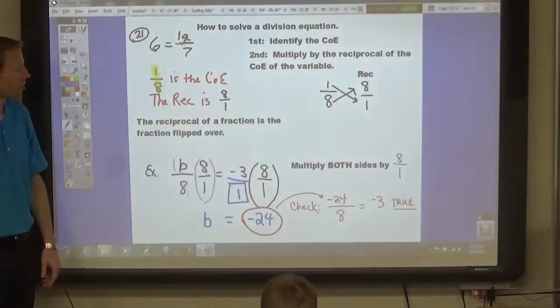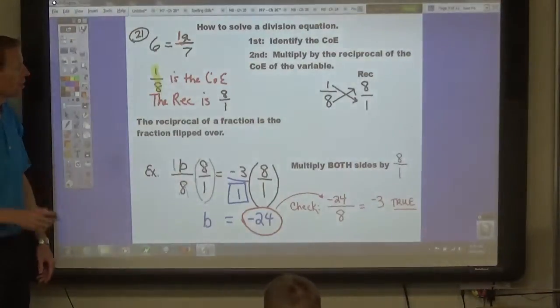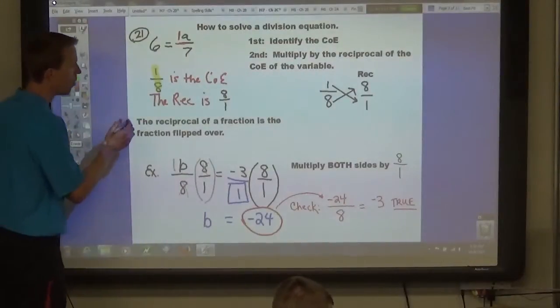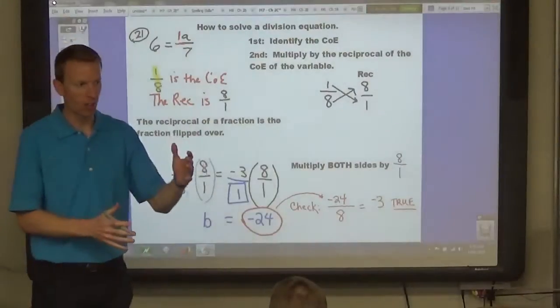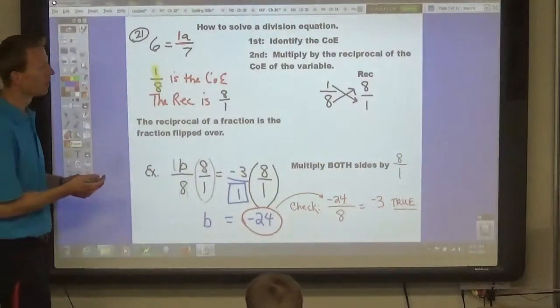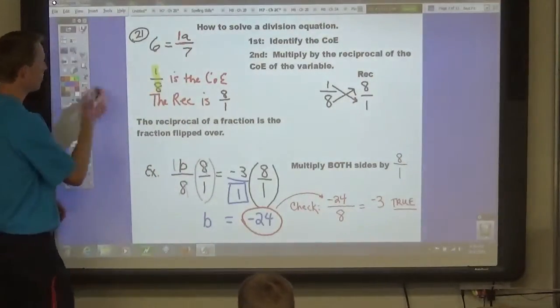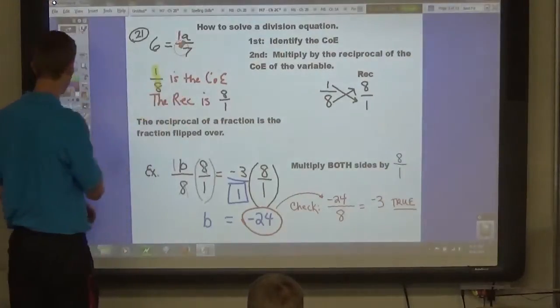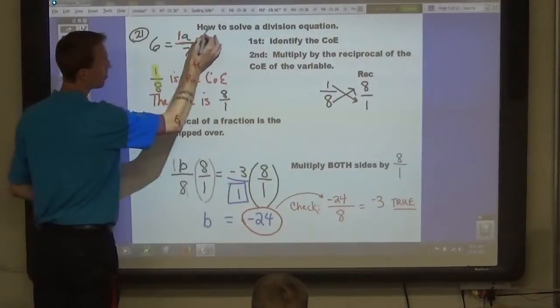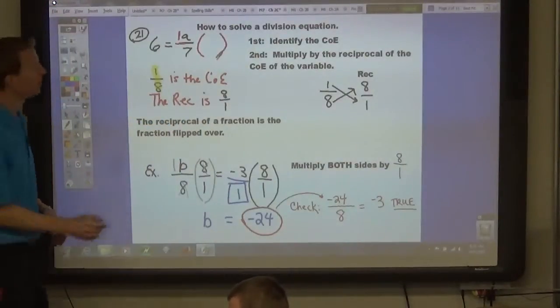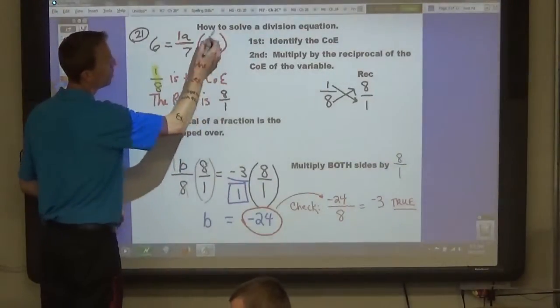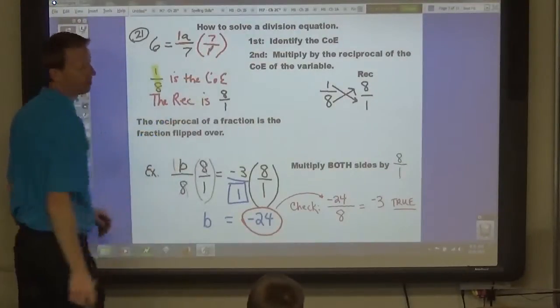Now, the procedure is going to be the same. We're going to multiply both sides by the reciprocal of the coefficient of the variable, but the reciprocal is going to be this fraction flipped over. So, put this in parentheses. 7 over 1.